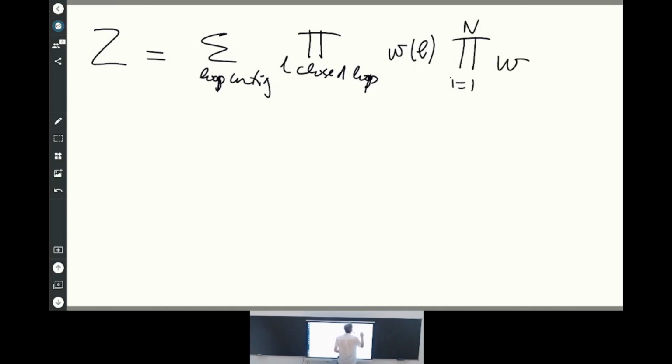And each vertex now has a weight. So a vertex of angular momentum S has a weight which depends on the loop configuration, which depends on the angles of loops at the vertex. So something like a weight depending on the angles.